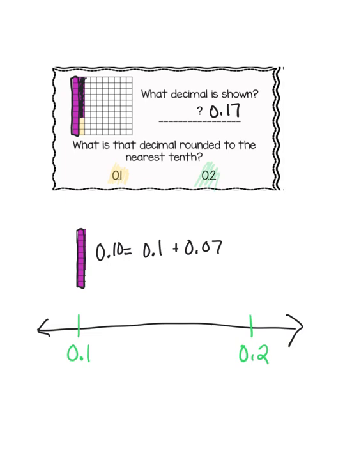Is it closer to 1/10 or is it closer to 2/10? It's closer to 2/10 because you can see you only need to add 1, 2, 3 hundredths to get to 2/10. Whereas if you subtract, you'd have to subtract 7 hundredths to get down to 1/10.